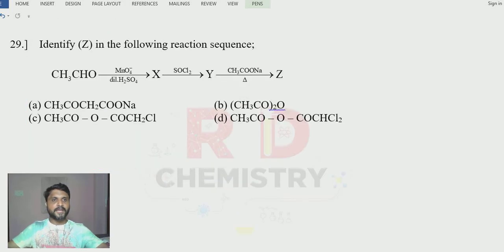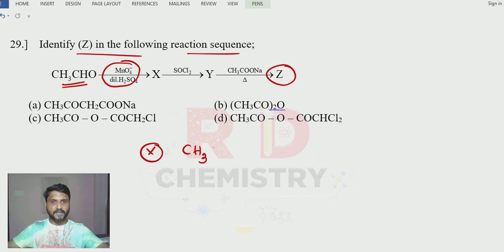Next question, identify Z in the following sequence of reactions. First one, acetaldehyde, ethanol treated with the permanganate oxidizing agent. So oxidizing agent will give the acetic acid CH3COOH, right? Then treat with the thionyl chloride. So we get acid chloride CH3COCl.